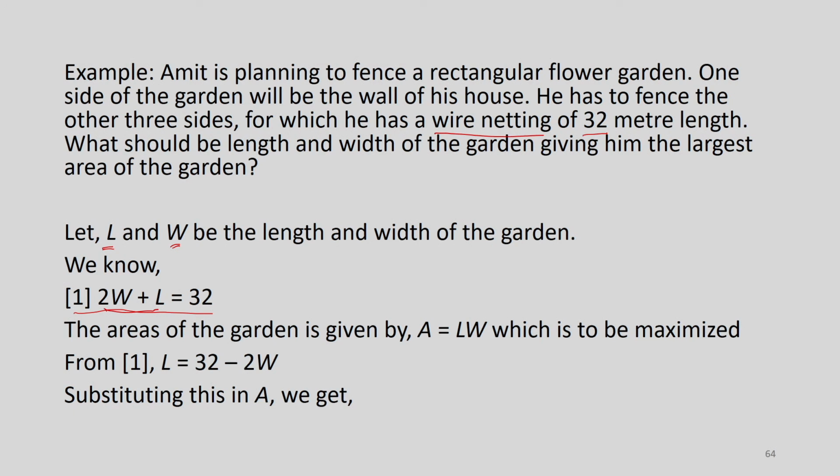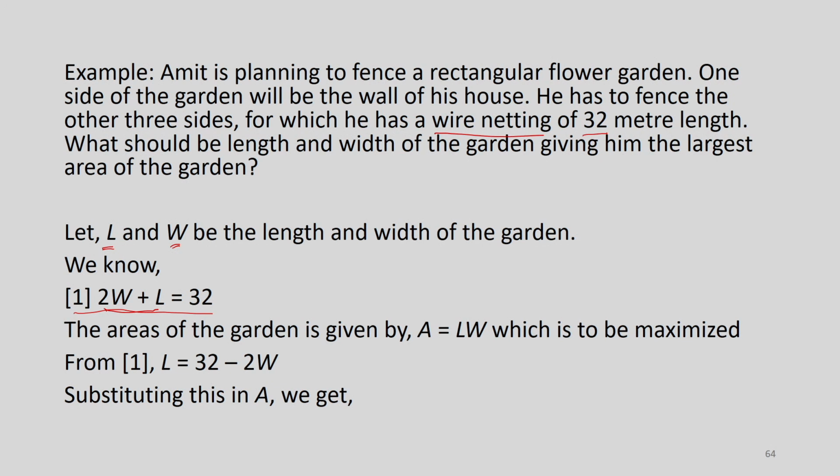If he had covered the width with his house wall, that would not be an optimal choice. That is why one length is being covered by the wall of his house, and why 2W plus L is equal to 32.